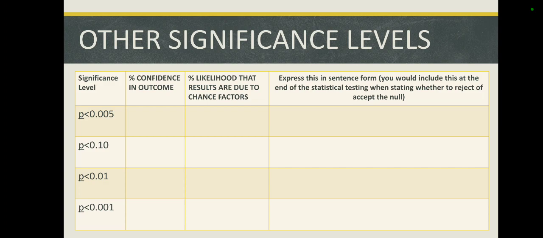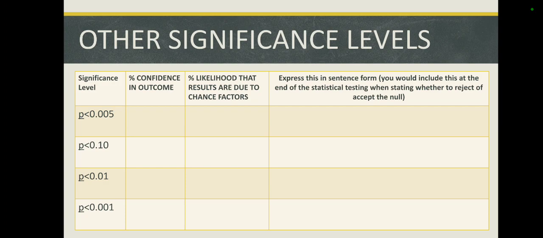If we take a look at the first significance level that I've posed to you there, p is equal to or less than 0.005, that means that we would have a 99.5% confidence in our outcome, and we are only willing to accept 0.5% risk of chance factors.